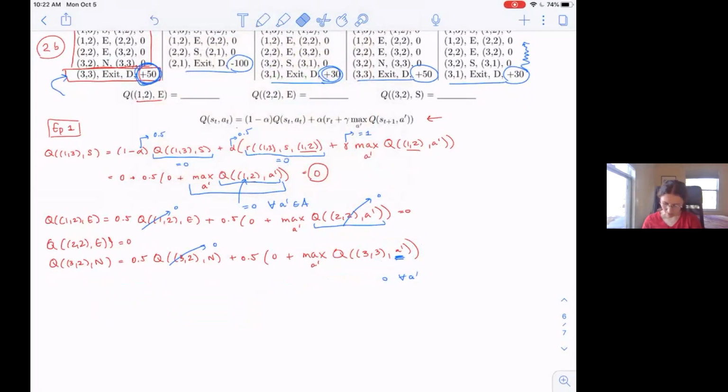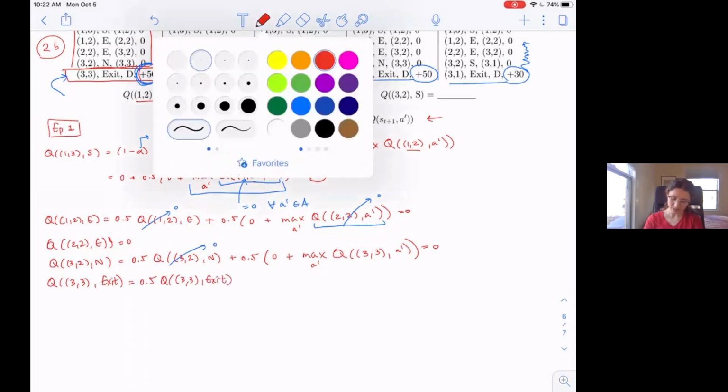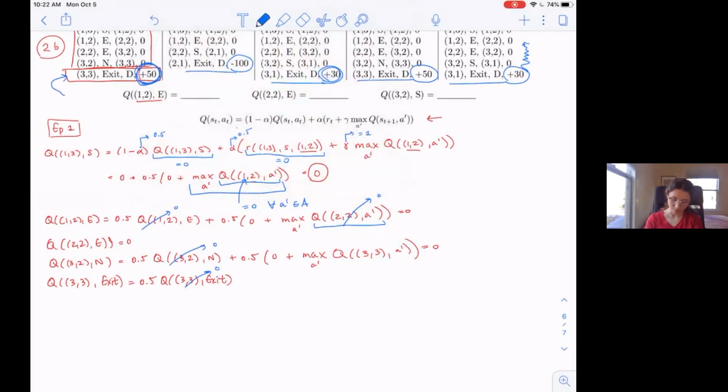Let's write out that this will still equal 0, but let's now write out Q of 3, 3 exit. So it's going to be 0.5 times Q of 3, 3 exit. This is still 0 because we've never updated the state 3, 3 with the action exit.